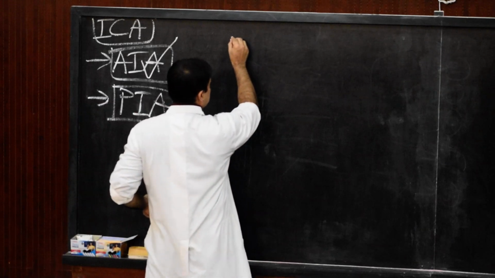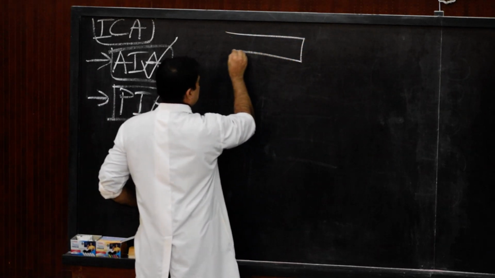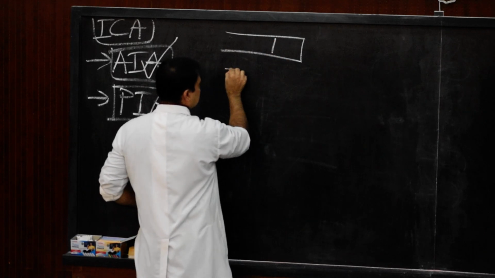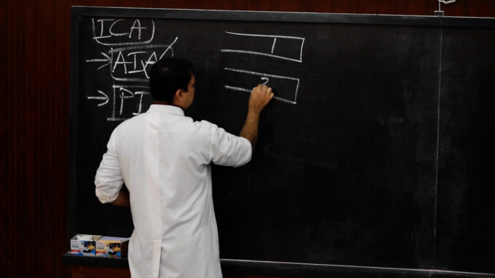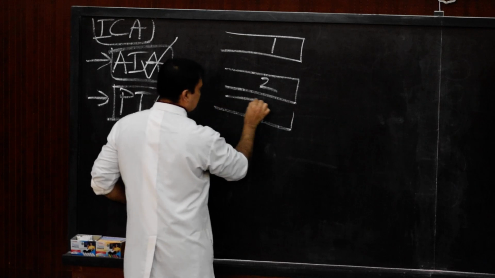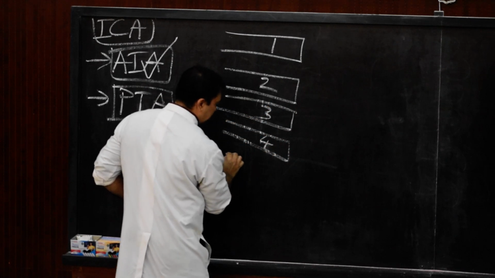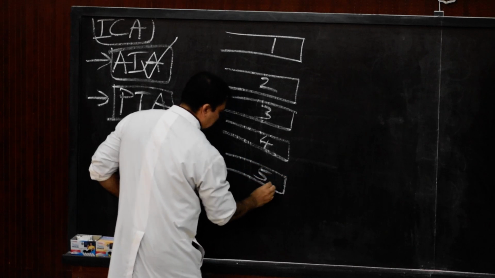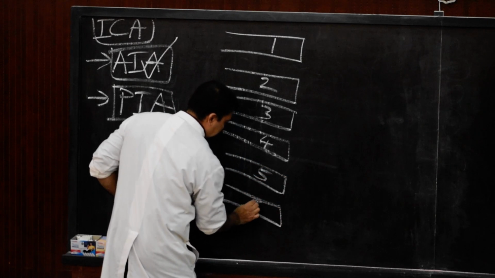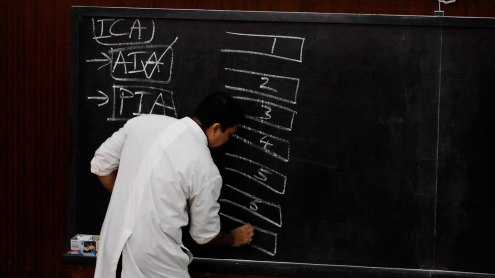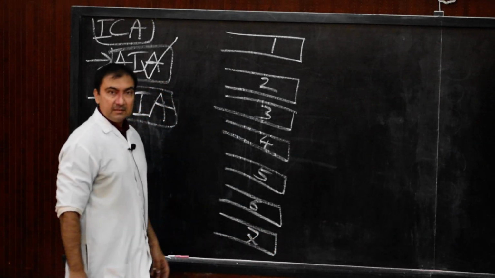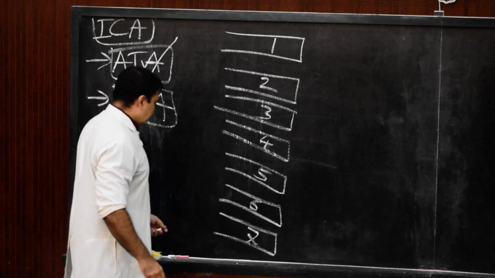In the anterior intercostal arteries, the best way will be to draw the sternal end of the ribs: 1, 2, then 3, then 4, then 5, then 6, and in this sequence it will go to 7.